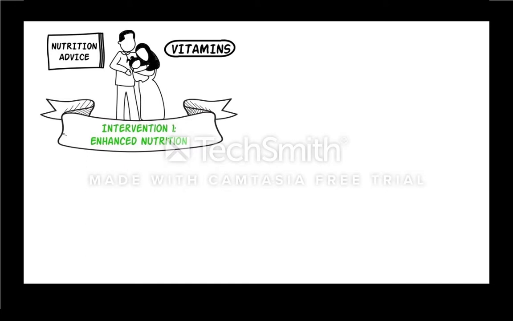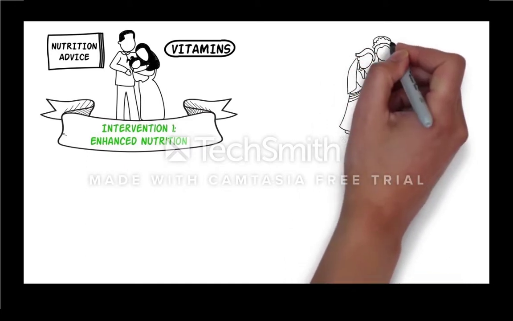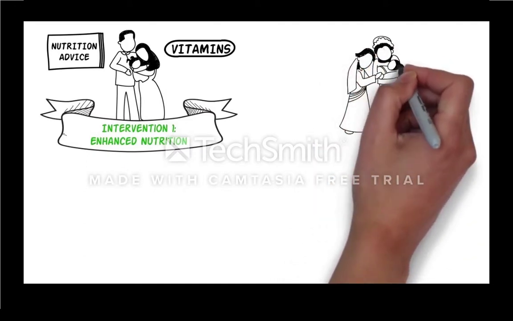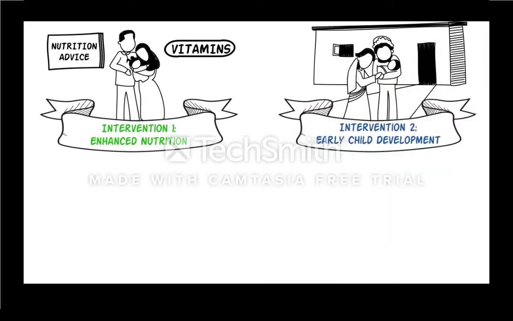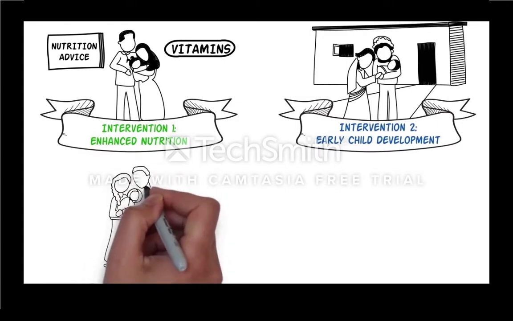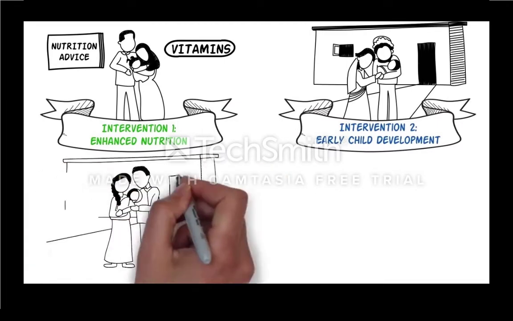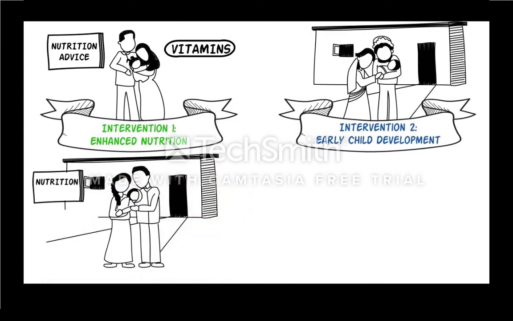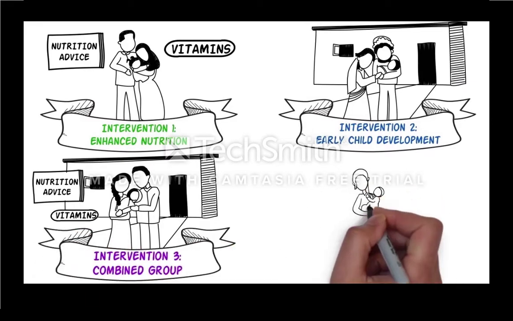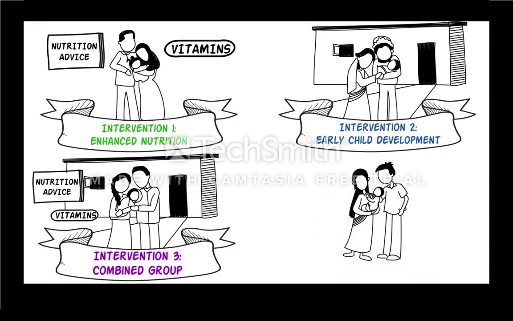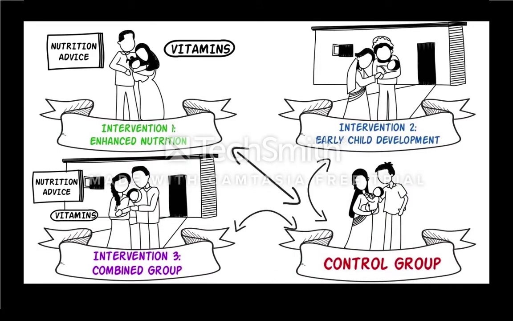The second intervention group received stimulation and care for development advice, including coached practice, integrated in routine monthly home visits and group meetings. And the third intervention group received a combination of both the early childhood development and the enhanced nutrition interventions. They were all compared to each other, and also the control group, which had no new intervention.